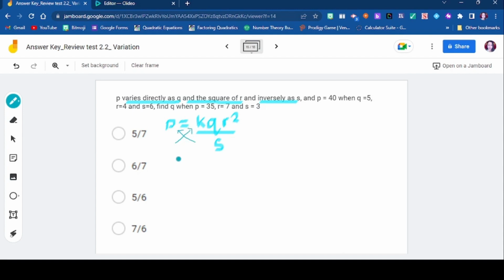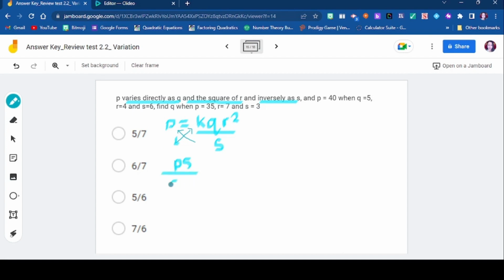So that would be PS multiplied together, since QR squared is located in the numerator and it says that we have to drag them down, so they will be located in the denominator part.